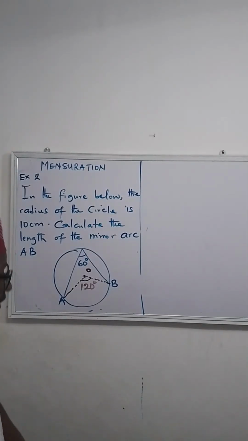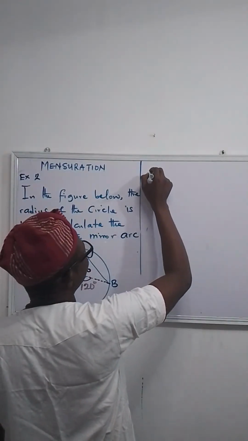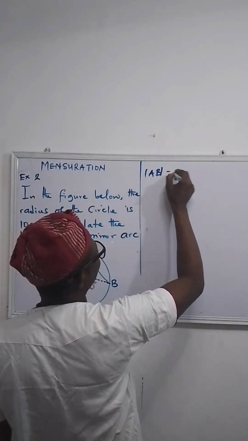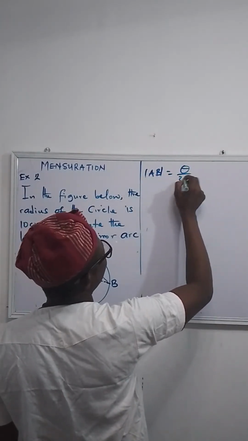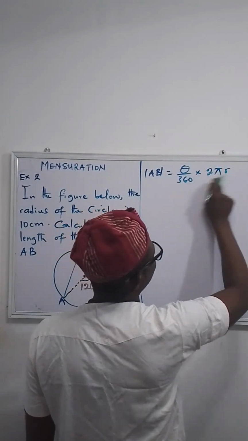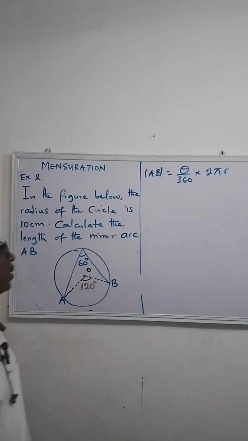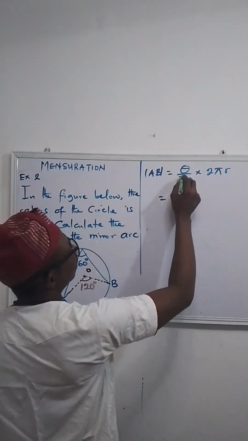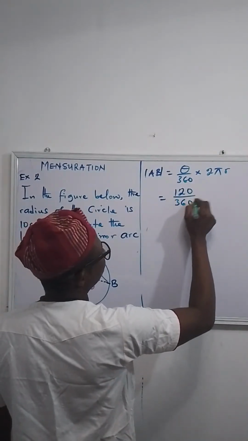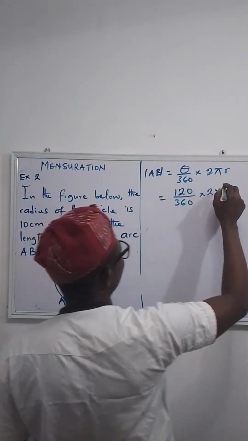Don't forget the formula for length of arc AB: theta over 360 times 2 pi r. This is the perimeter of the circle. So here we have theta to be 120 over 360. Now we have 2 times pi, which is 22 over 7.